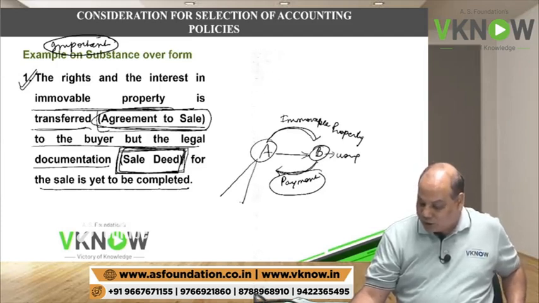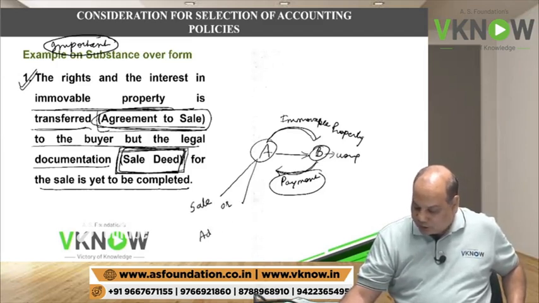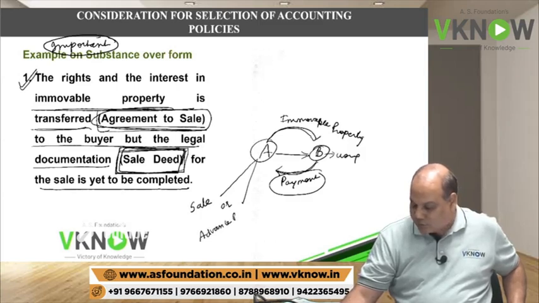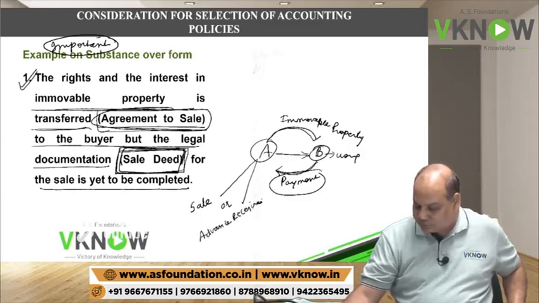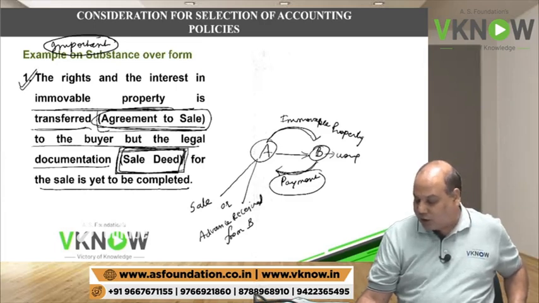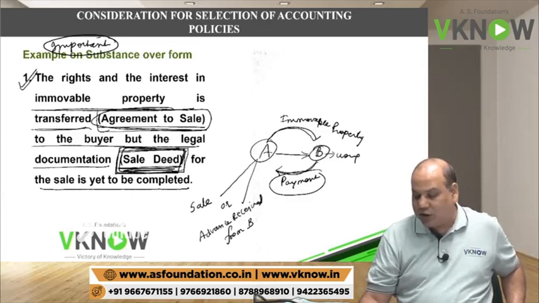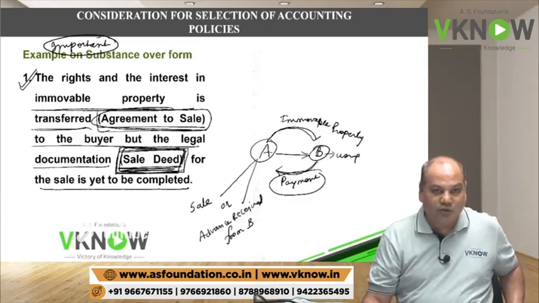Will A record it, question for you, as a sale transaction or as an advance received from B? Sale transaction or advance received from B? In the eyes of law, sale has not been completed, because the sale deed is not yet executed.